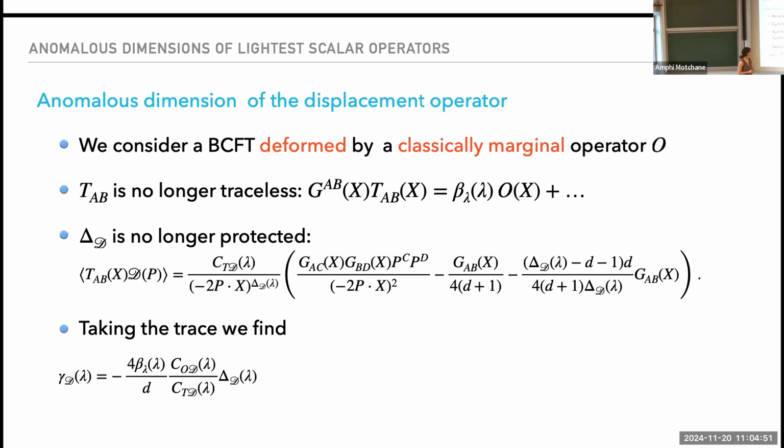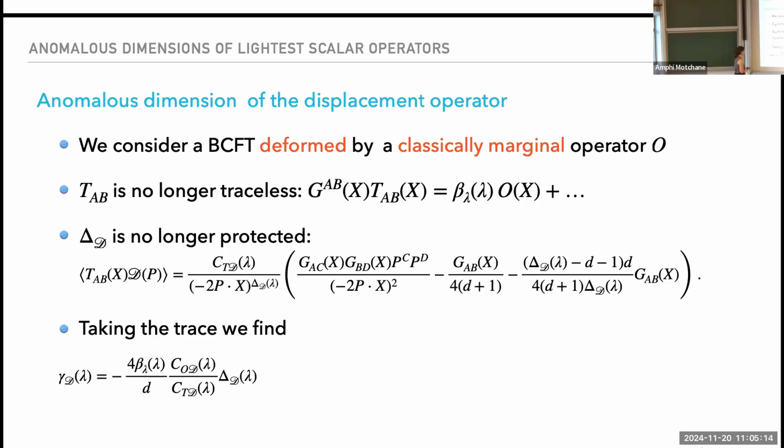Okay, thank you. So I should interpret this last equation in an expansion in lambda. Actually this is non-perturbative. It holds in general, but after that we can apply it perturbatively.